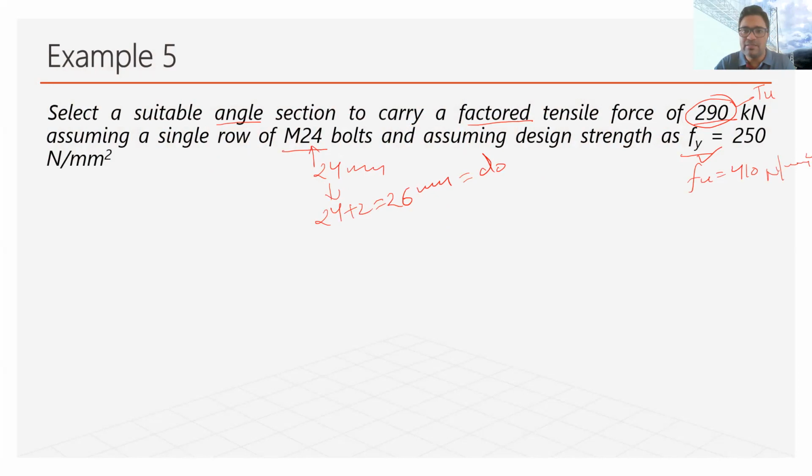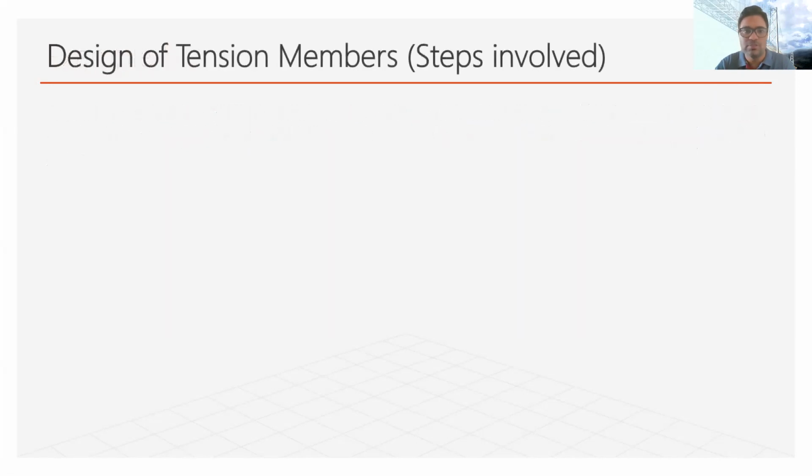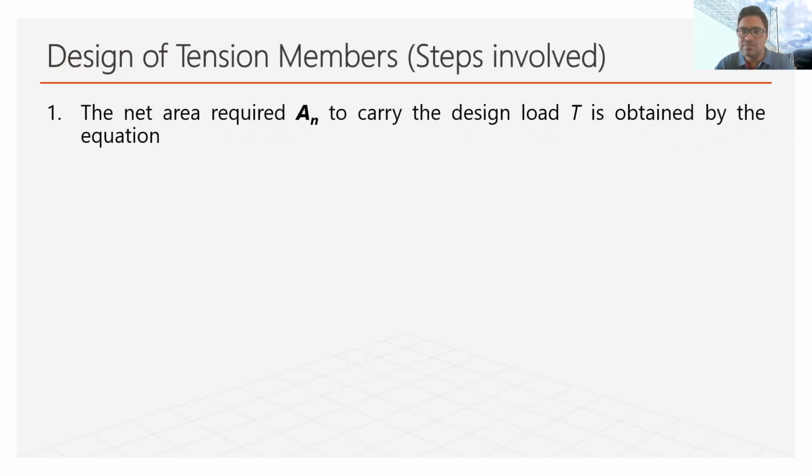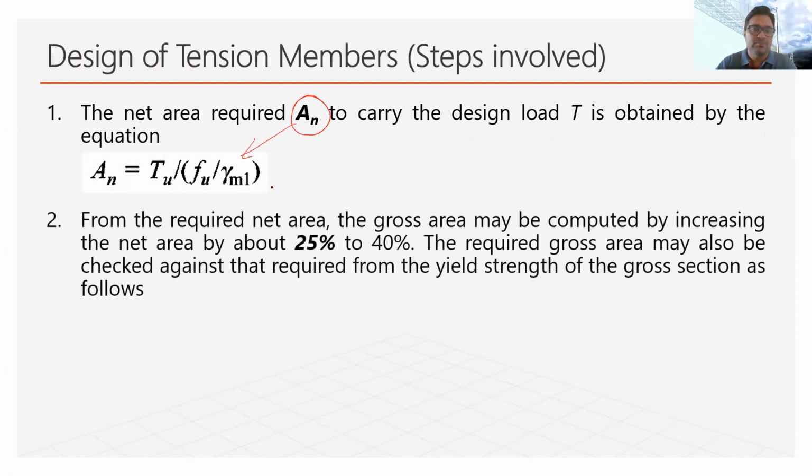This is a design problem. Before solving it, we will review the design steps involved, which we have seen in the previous lecture also. The first step is finding the net area, which we can find using this relation, or alternatively we can find the gross cross-sectional area.